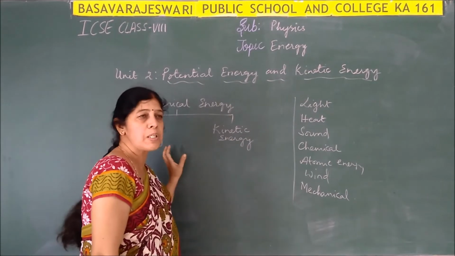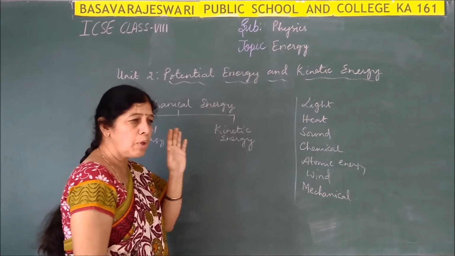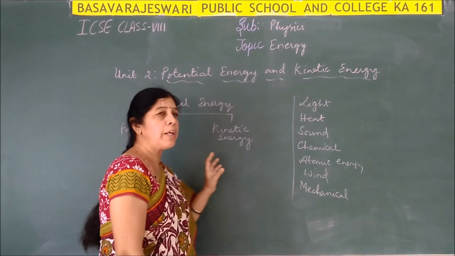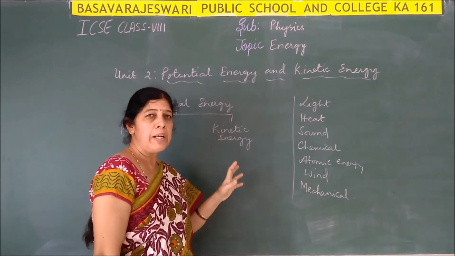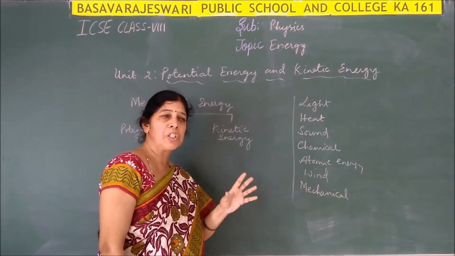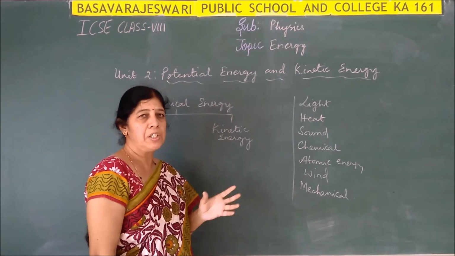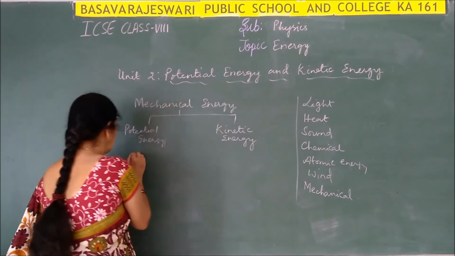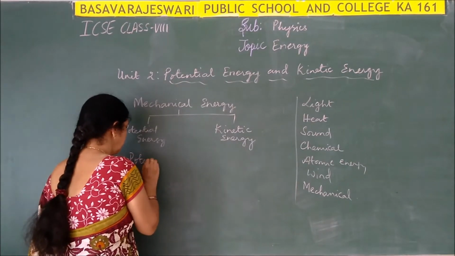Now let us take up potential energy first. What do you mean by potential energy? What is the definition of potential energy? On what factors does potential energy depend, and what is the mathematical expression and standard unit for potential energy, and also examples of potential energy.